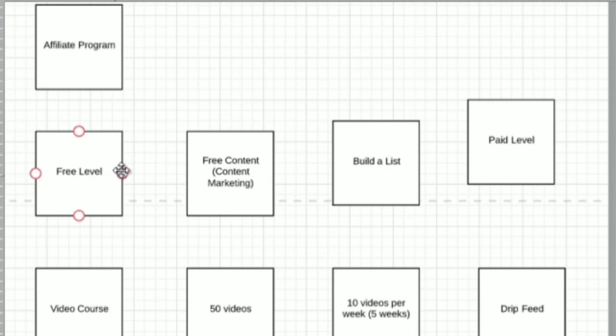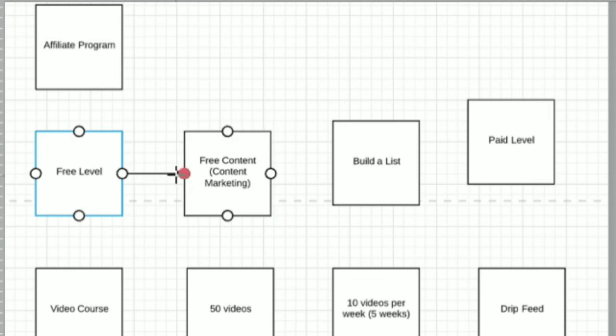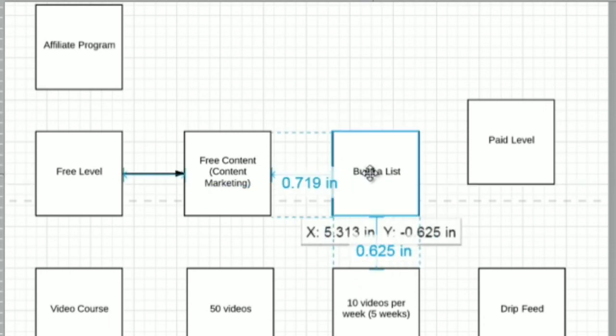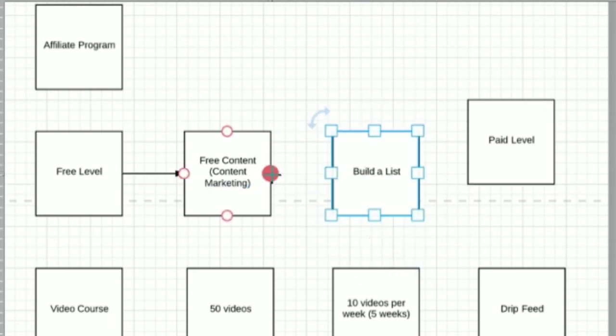Let's put this in order. So obviously we've got the free level, and we're going to make an arrow to go from here to here. From the free content, we are going to build a list.